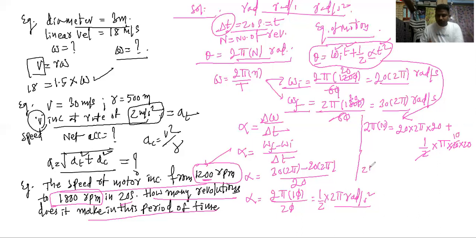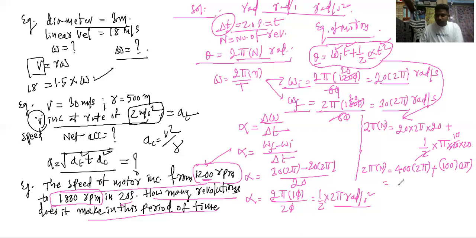So 2 pi into n, which is equal to here how much? 400 into 2 pi plus this is 200 into pi. So that can be written as 100 into 2 pi.